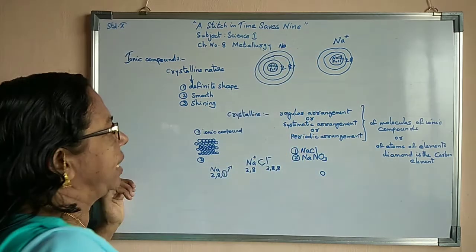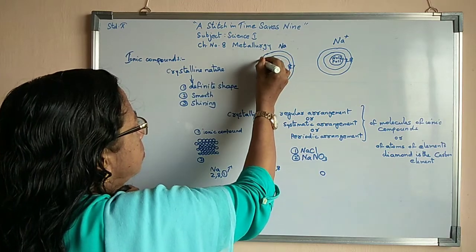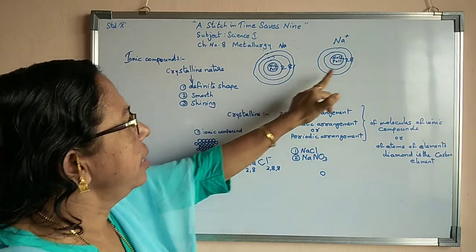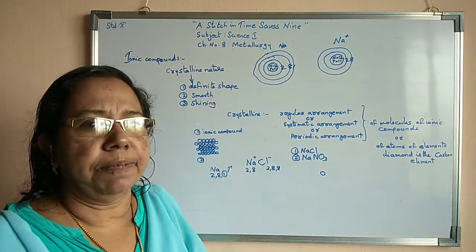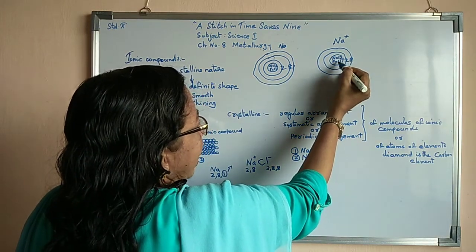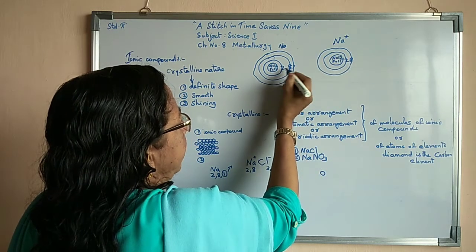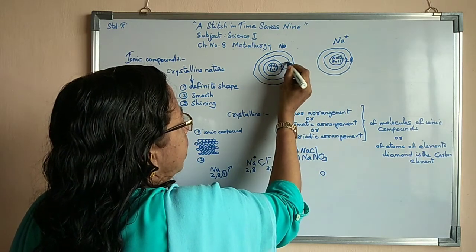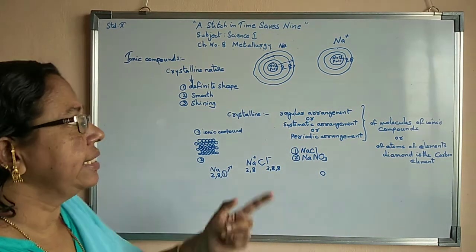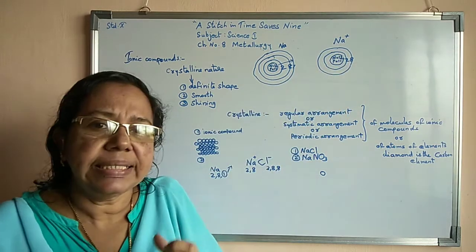Na, that is the sodium atom. Here you can see that 3 orbits are there, but here only 2 orbits are there. As a result, from the nucleus towards the last orbit, there is less distance here, while there is more distance there. Second, the number of electrons is more here but less here.